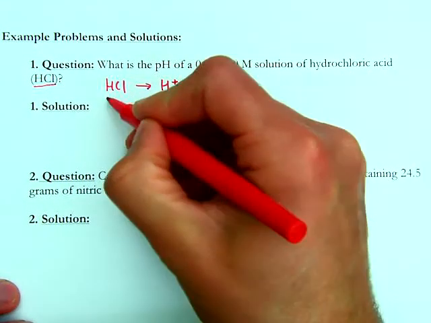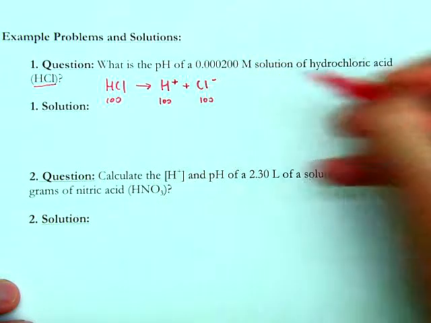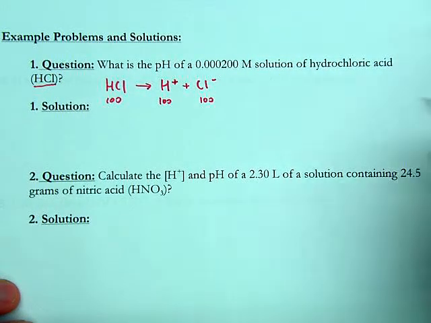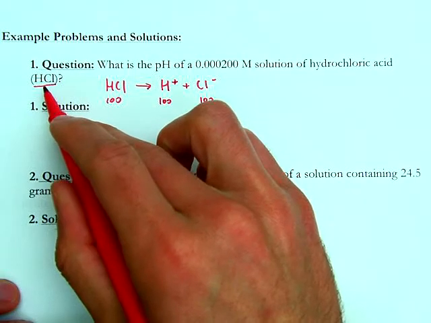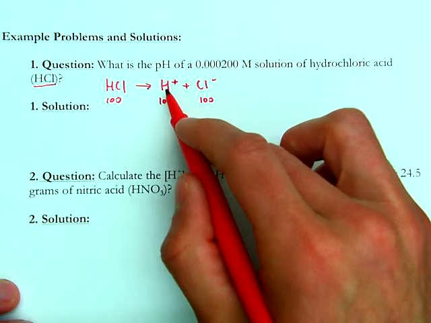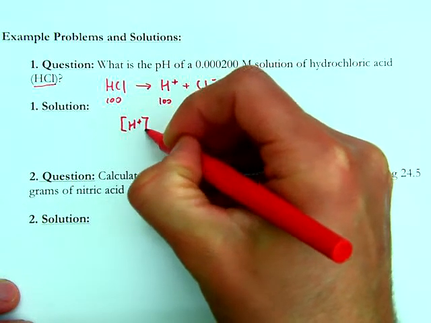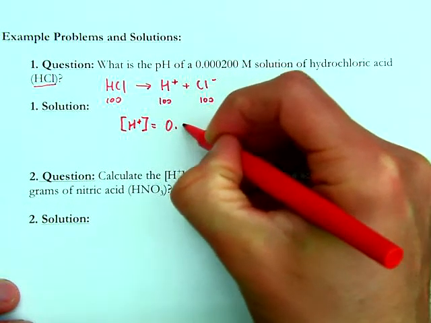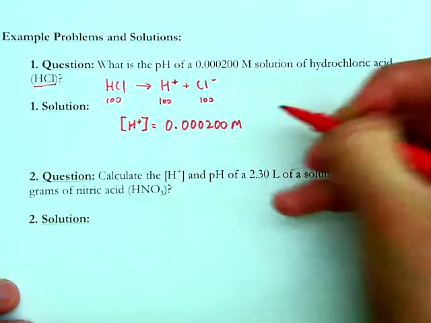So like if we put 100 of these into solution, we would get 100 of these and 100 of these, okay? So the concentration of HCl is going to be the concentration of H, okay? So the concentration of H ions is 0.0002 molarity.